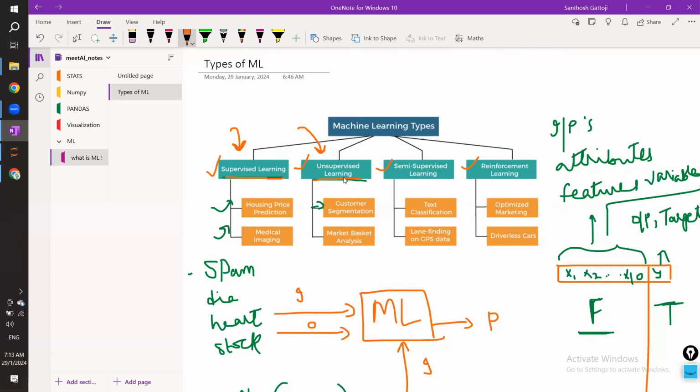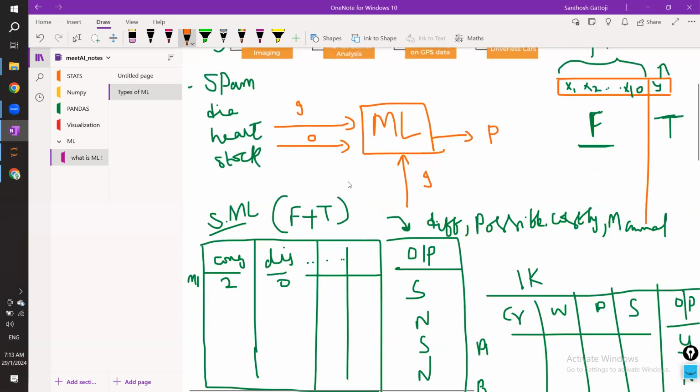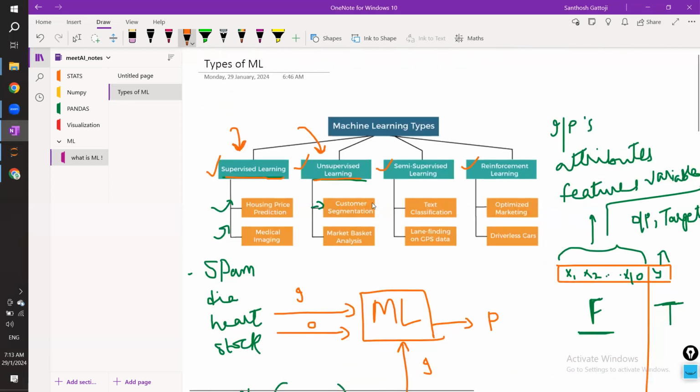And in unsupervised learning, there are many applications, as I said, like customer segmentation. The bank is only one simple example, but all of us, you, me, everyone, are actually segregated into different categories by different companies.